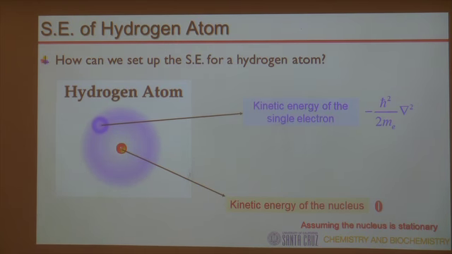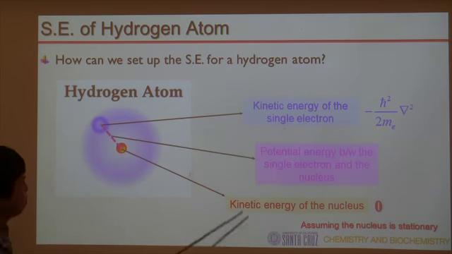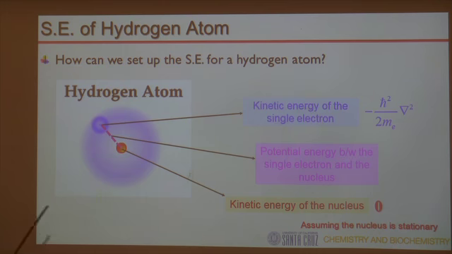Do we have any other forms of energy in this system? Potential energy, which talks about the interaction between the two. The corresponding operator is called, which one corresponds to the potential energy observable? It's not a special name, it's just called the potential energy operator.